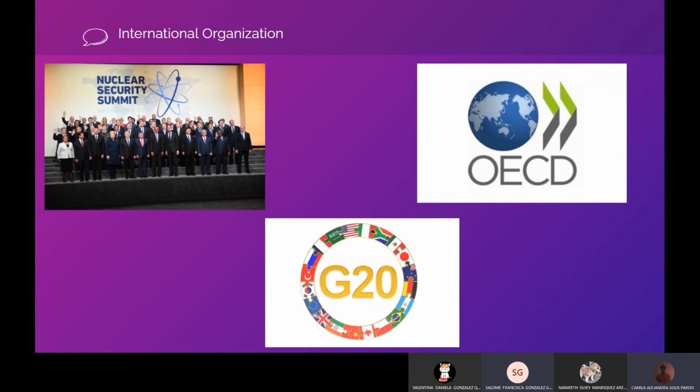Since 2010, the world was going through a global crisis, but South Korea proved memorable handling of this economic crisis. And finally, among the organizations is the Nuclear Security Summit.